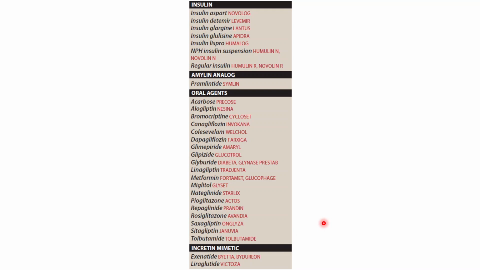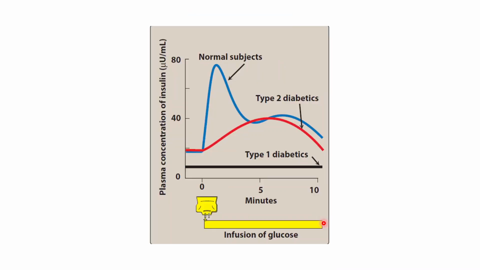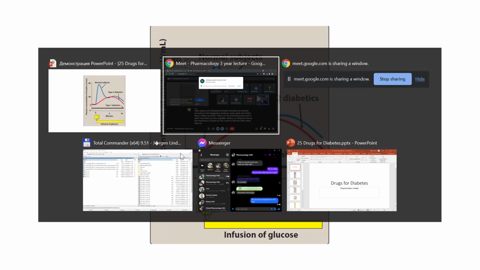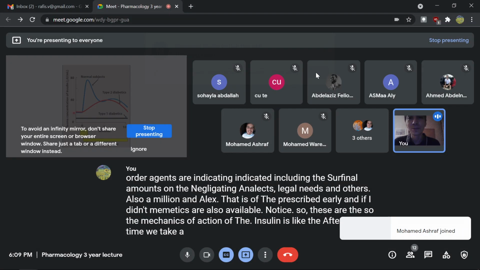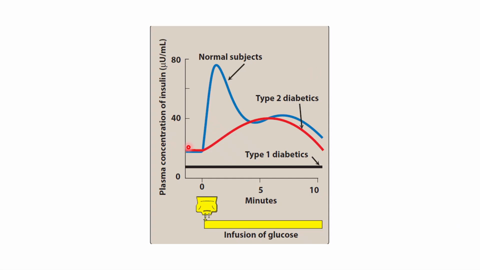This is the mechanism of action of insulin. Every time we take a meal, the glucose level of the blood is increased, and this increase in glucose will lead to an increase in insulin release in normal patients, like this blue chart.